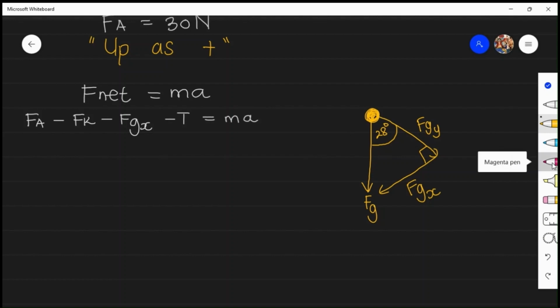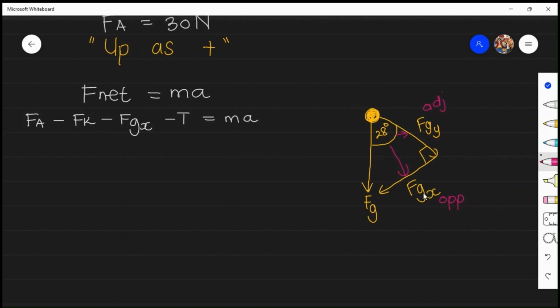Now, if you notice, Fgy is in an adjacent position to angle theta, which is 28 degrees, and our Fgx is in the opposite position to angle theta.